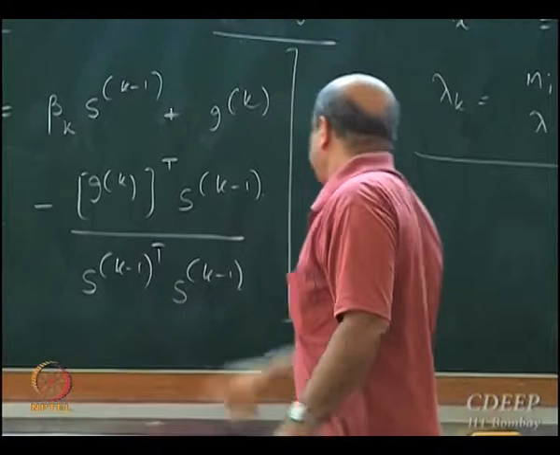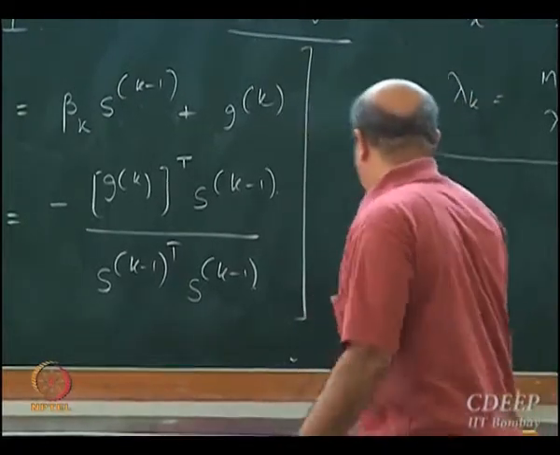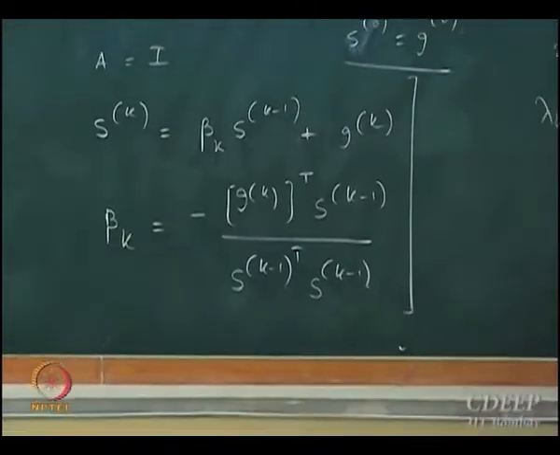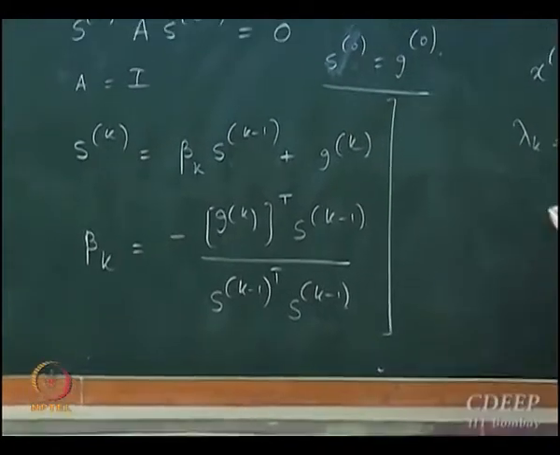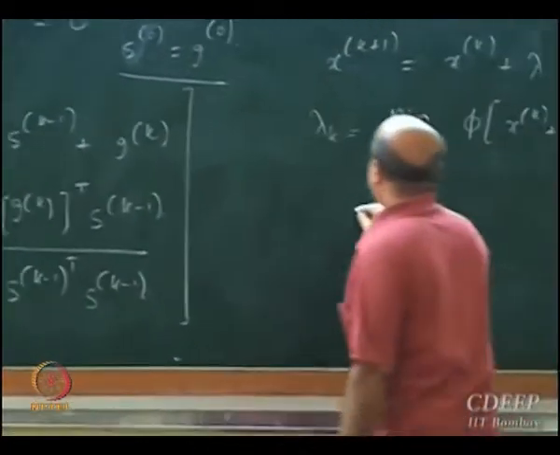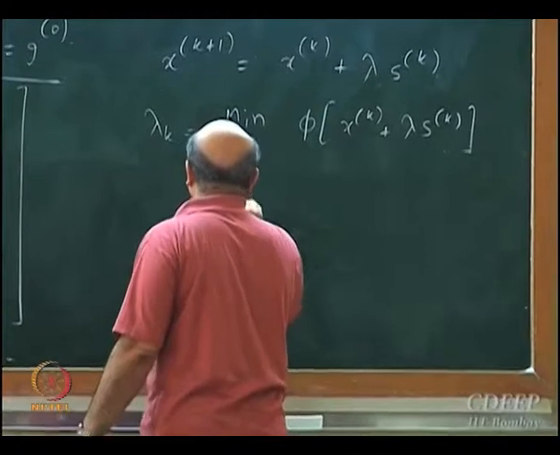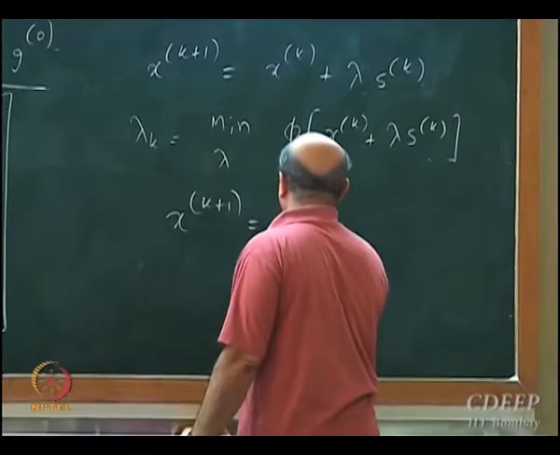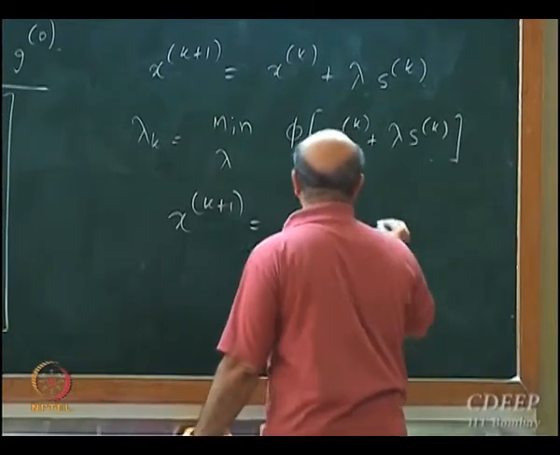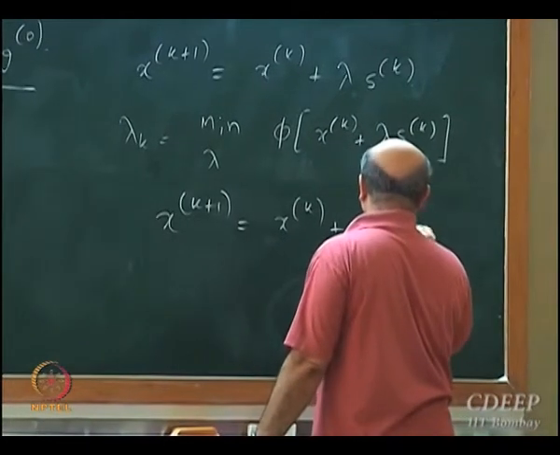See here, if you look at how this conjugate gradient method proceeds, the step here would be xk plus 1 is xk plus lambda k sk.